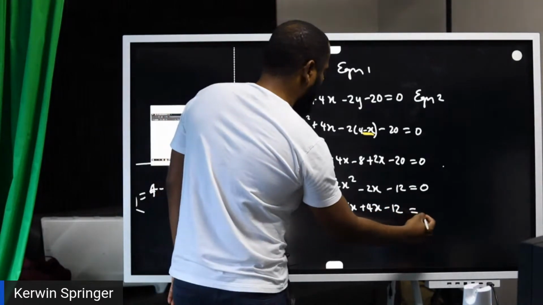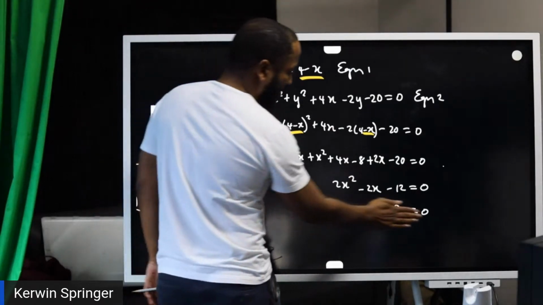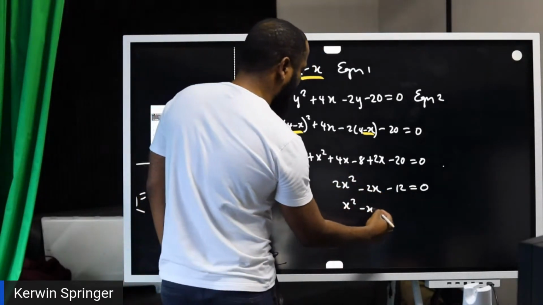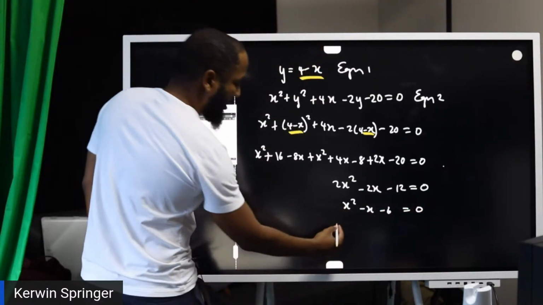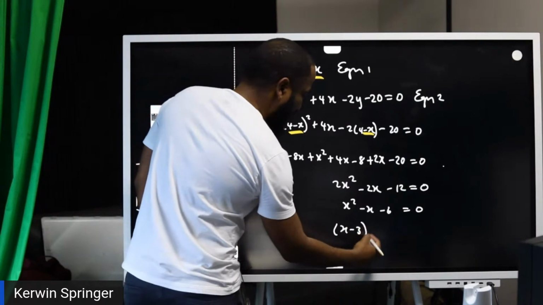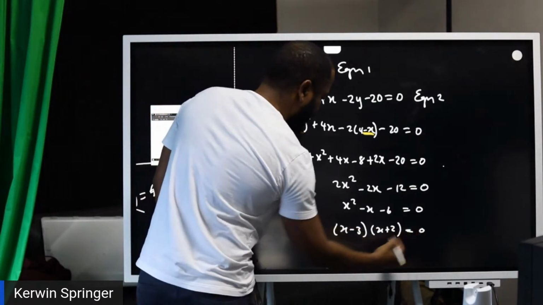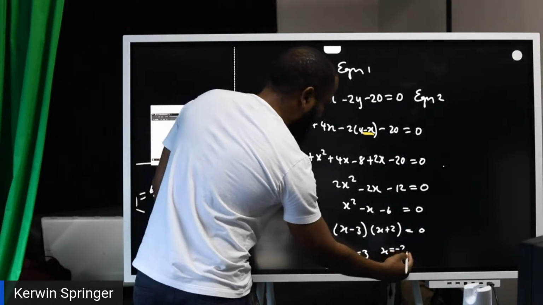That's when we do the quadratic, right? This could have been divided all through by 2 as well. So I could have had x squared minus x minus 6 is equal to 0. So in the end, I have (x minus 3) and (x plus 2) equal to 0. So x is 3 or x is negative 2.